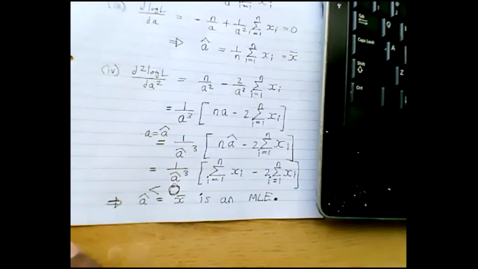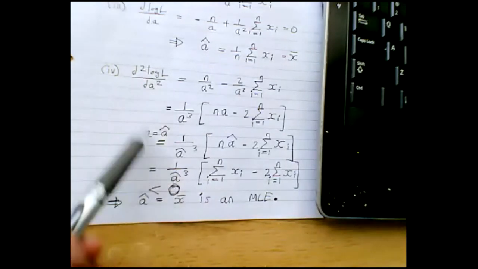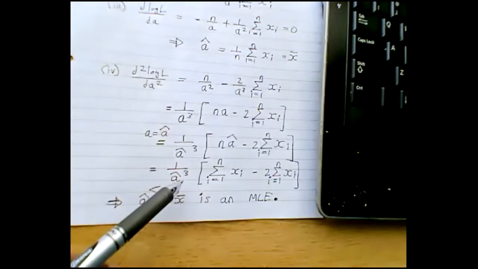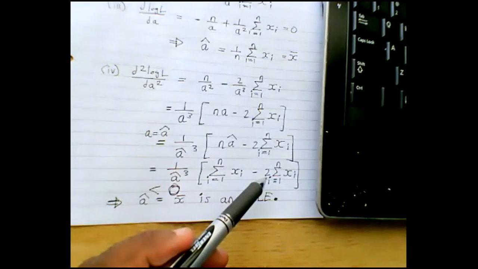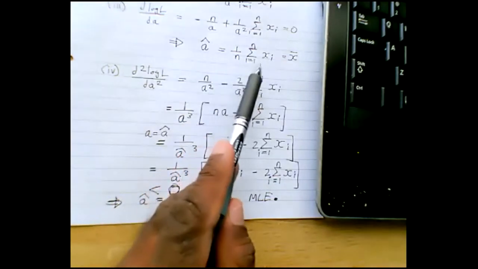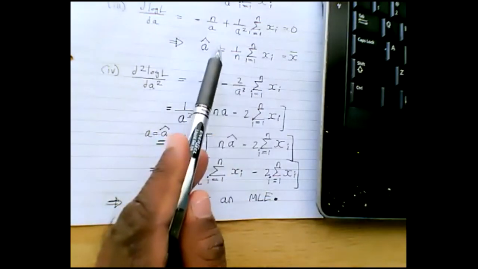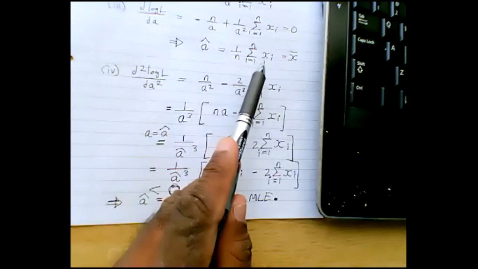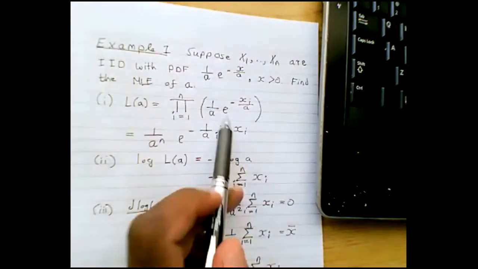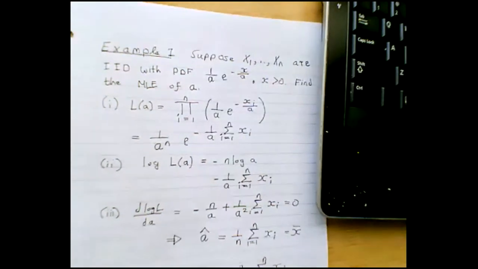John, no, a hat can be positive or negative. What you need to show in step 4, John, is that the second order derivative is negative. Yeah, but in this case, a hat is positive because it's a sum of xi. Remember the exponential distribution for this PDF, x is greater than 0.